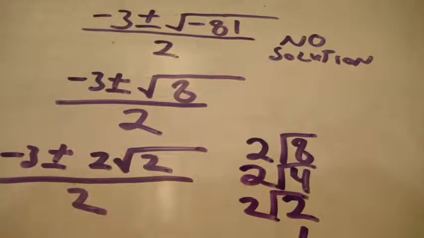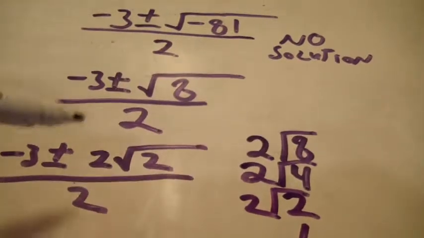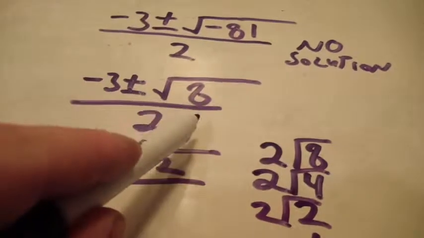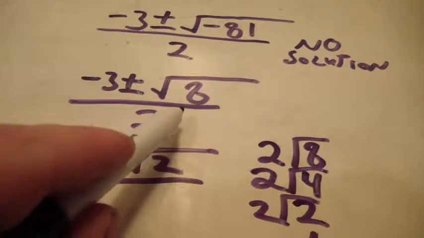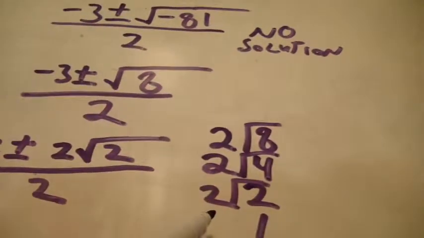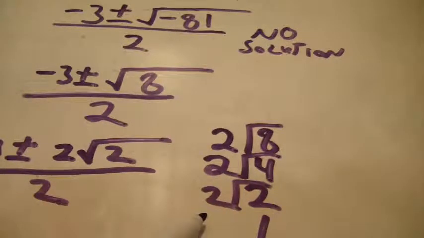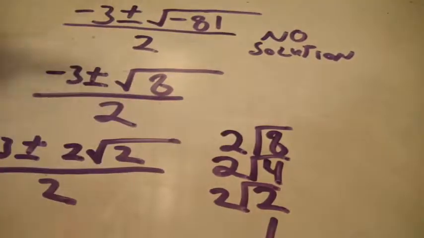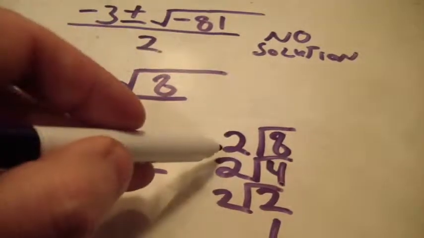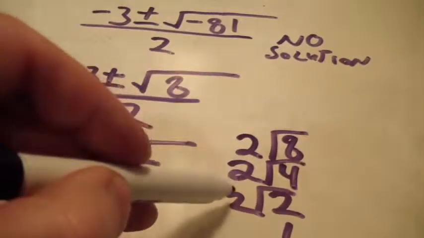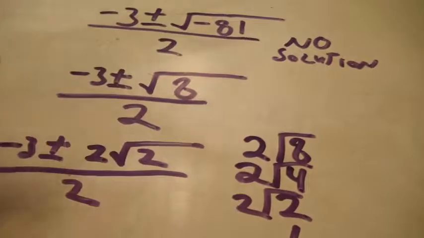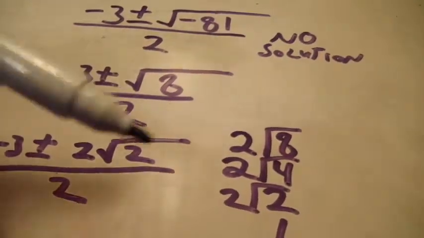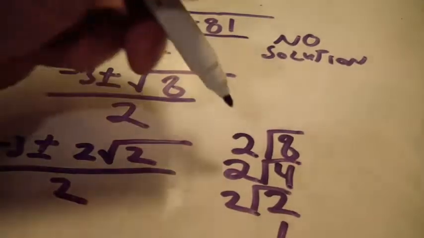So what they're asking you here is to find the square root. Yes, this is a cube root, but they're not asking you for a cube root. They're asking you for a square root. You ask, how many times can a number be multiplied by itself? You're looking for a 2 multiplied by itself twice. You found that.